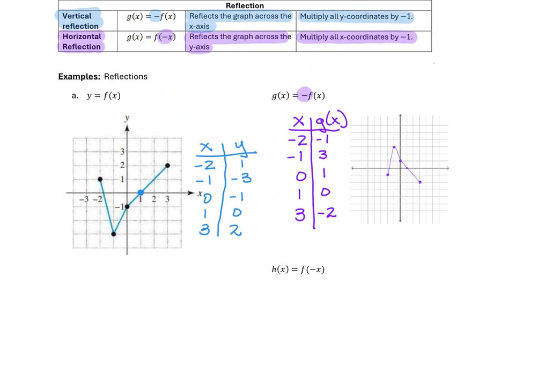And so when we talk about what we did, basically everything here is going about the x-axis. That's what we mean when we say reflect about the x-axis: we are going up and down. Everything on top goes to the bottom. Everything on the bottom goes up to the top.